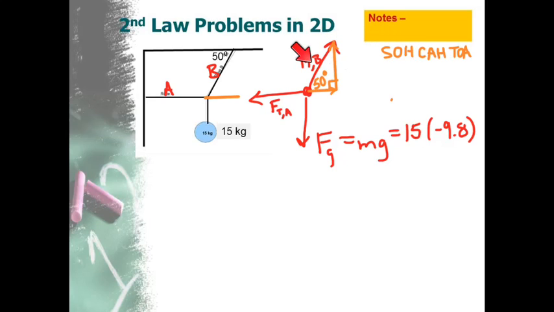That involves what I do know, and what I want to know. So the opposite is going to equal F sub t comma B times the sine of 50 degrees. The adjacent side is going to equal the tension force in B times cosine of 50 degrees.